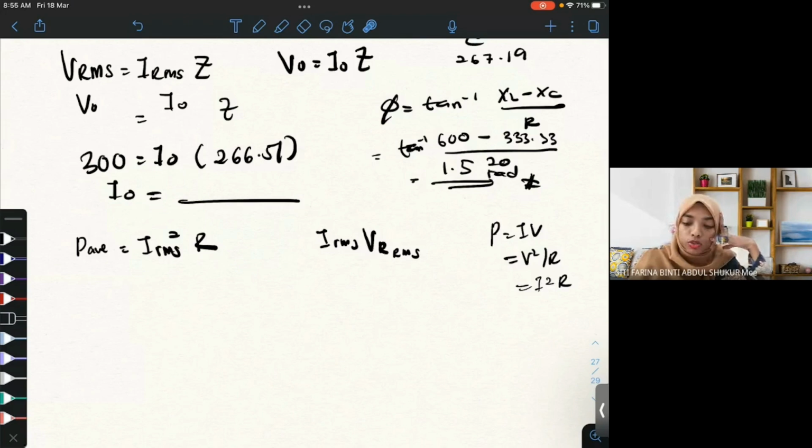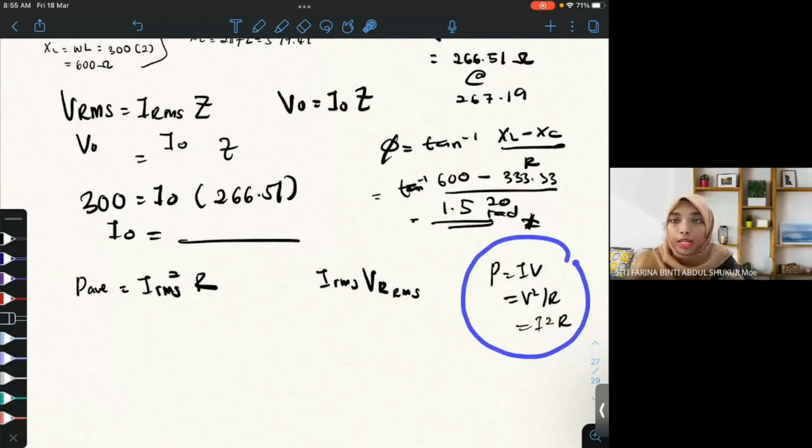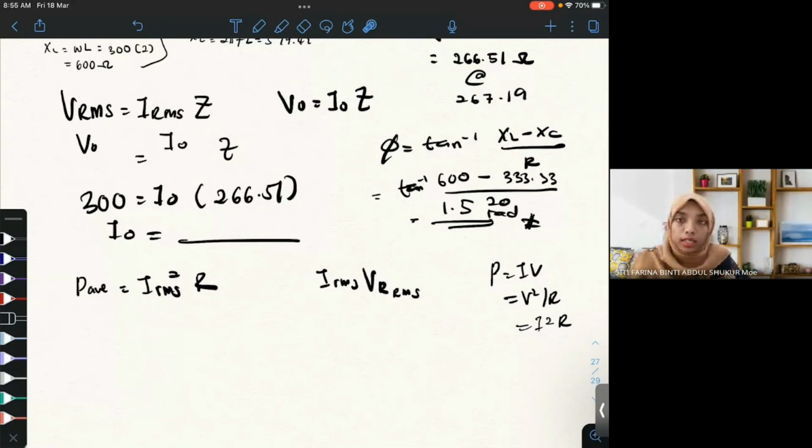If you were to use this equation, it must be VRMS across the resistor only. Okay, you cannot use V total here. You must be careful. So to be safe, you had better choose the equation that has only I and R.